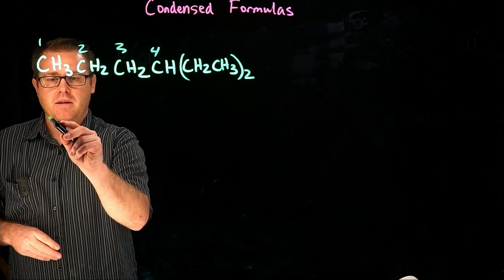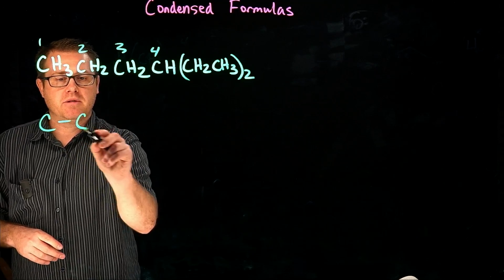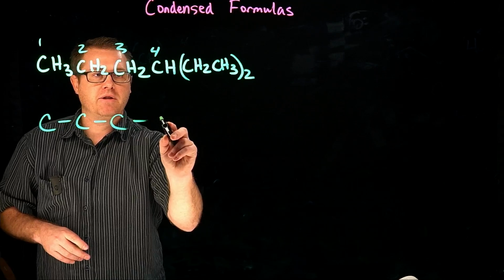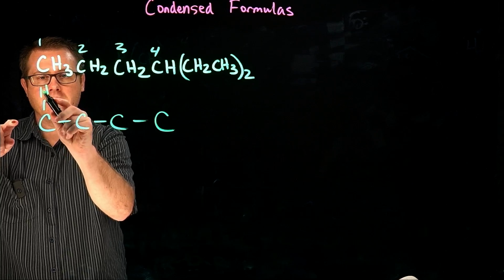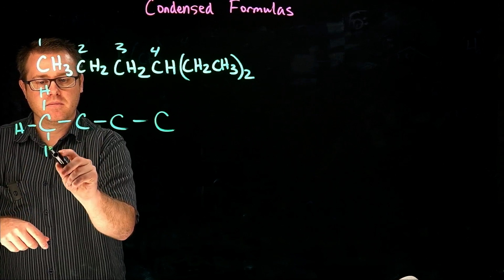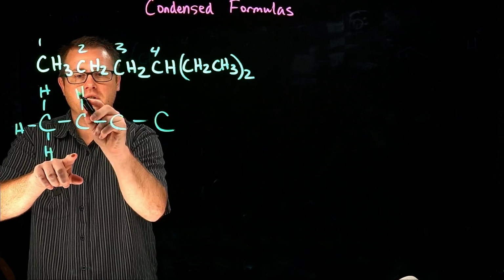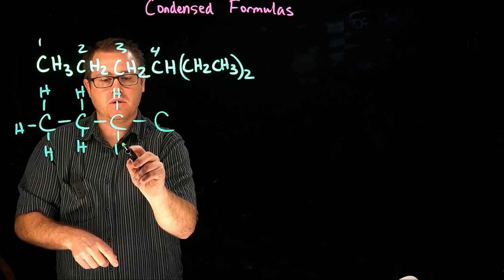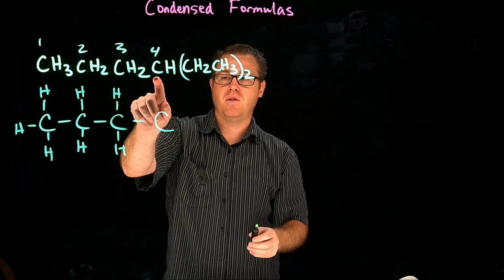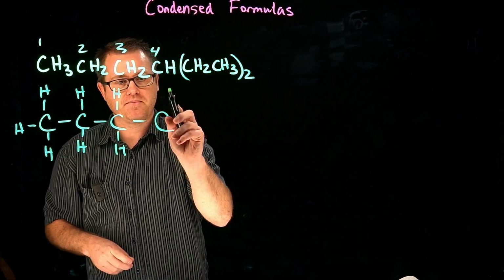Carbon 1 is directly bonded to carbon 2, which is directly bonded to carbon 3, directly bonded to carbon 4. Carbon 1 has 3 hydrogens. Carbon 2 has 2 hydrogens. Carbon 3 has 2. Now carbon 4 only has 1.